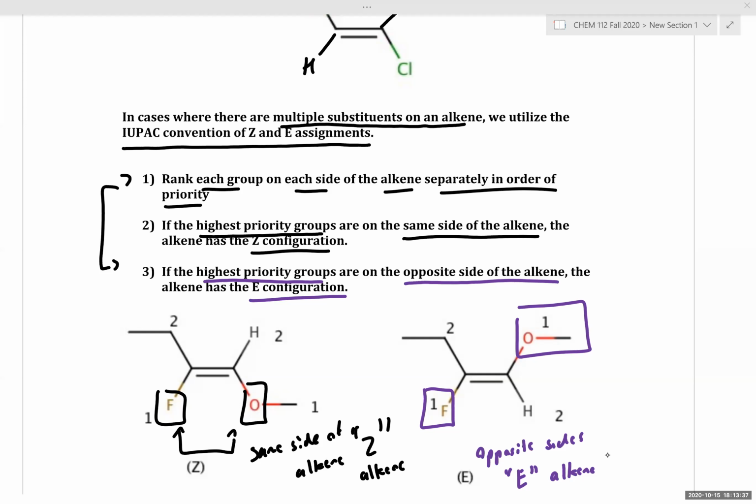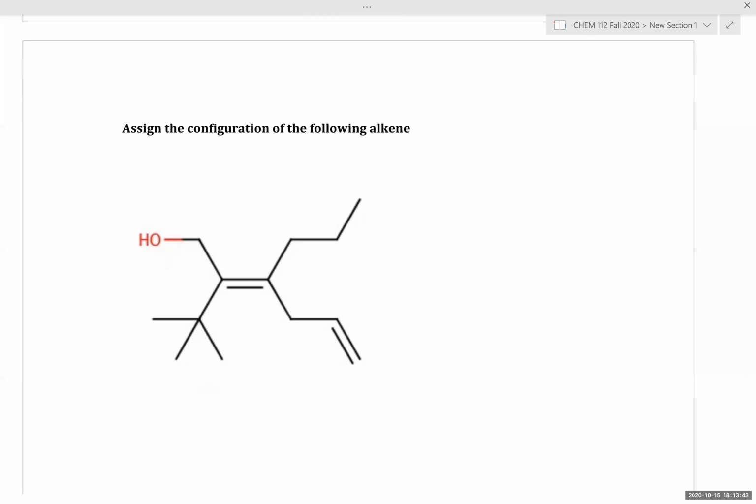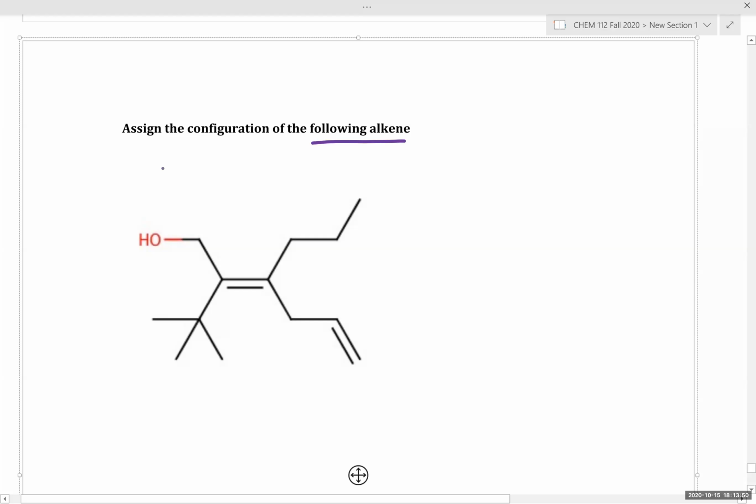What we're going to do next is apply what we've learned in this section to an example. So I'd like us to assign the configuration for the following alkene. Remember, you look at the left and right-hand side of your molecule on your alkene. You rank the groups in order of priority.